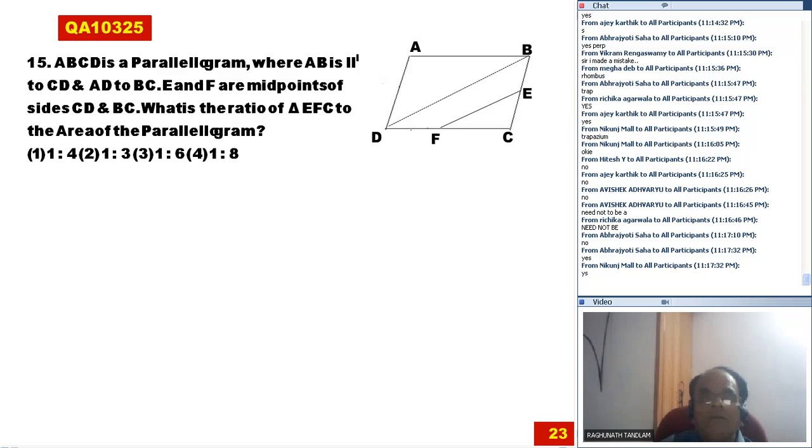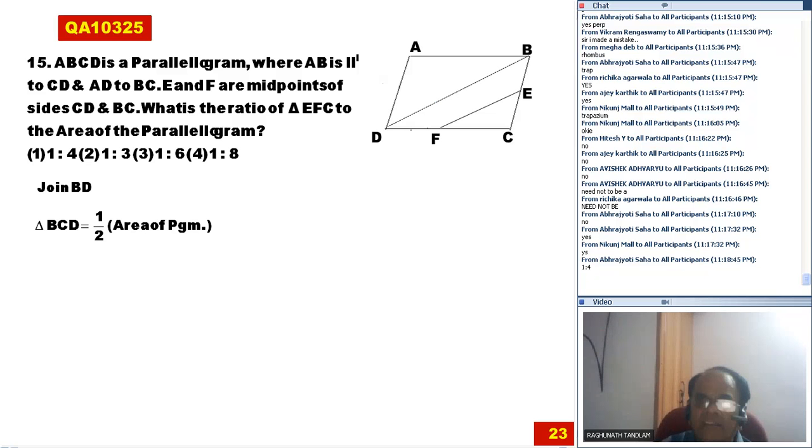What's the area of triangle ABD? The area of triangle BDC will be half of the area of the parallelogram. Are we clear? I am discussing the question. The area of triangle BCD will be half of the area of the parallelogram.